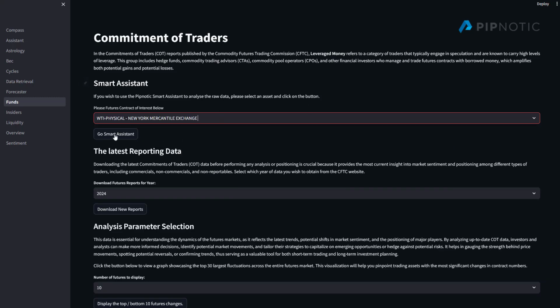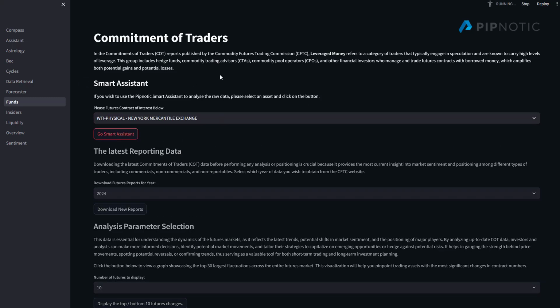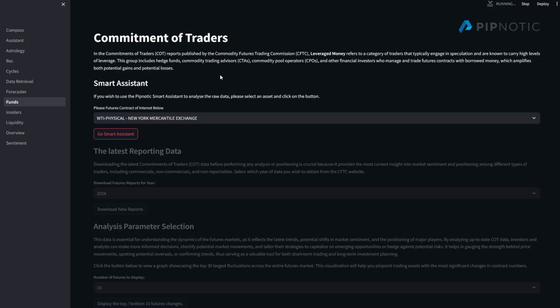Let's try that. So now, Smart Assistant, smart because it's machine learning. Well, kind of smart. What it's doing now is analyzing this information based on a pre-taught neural network that knows a lot about precisely this information.